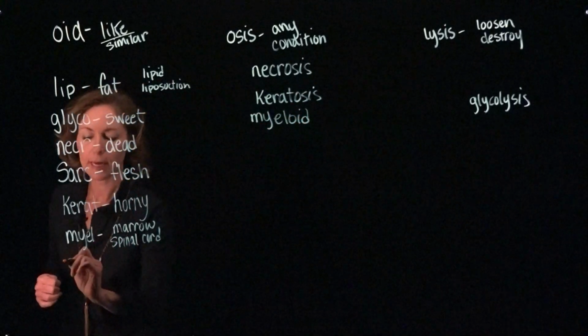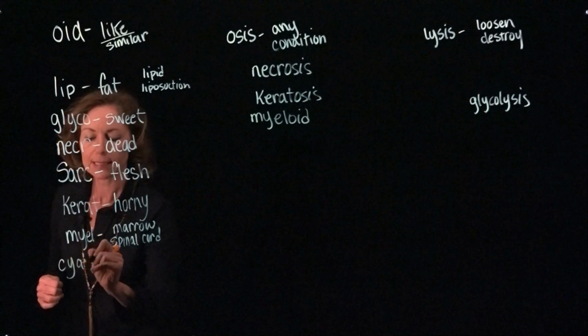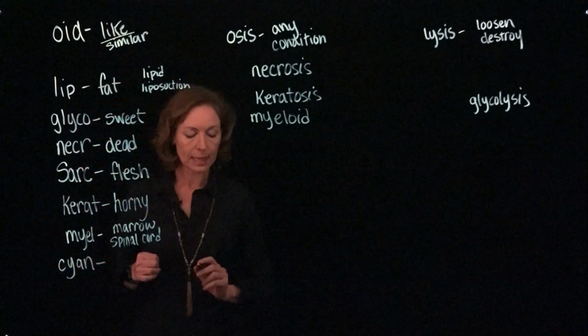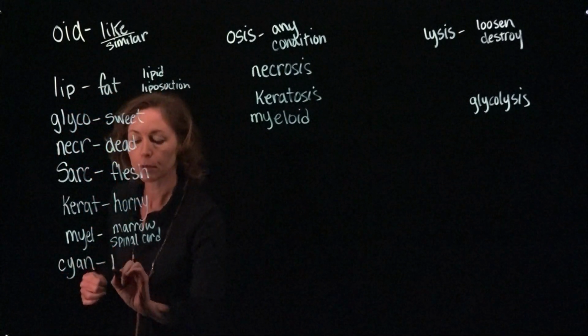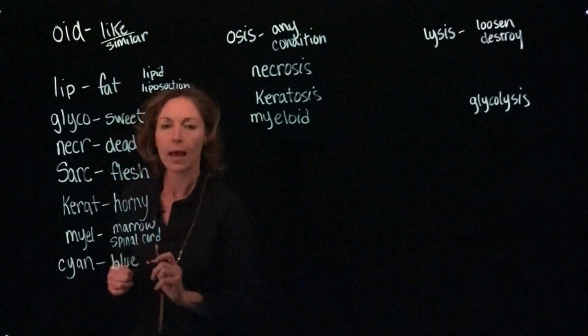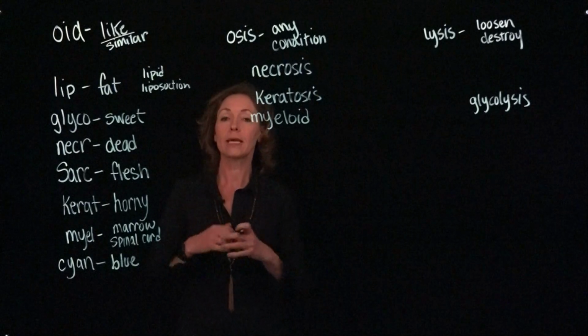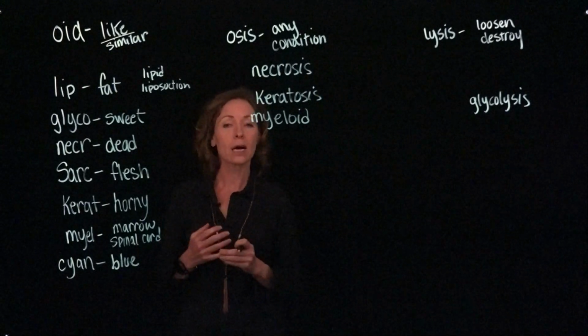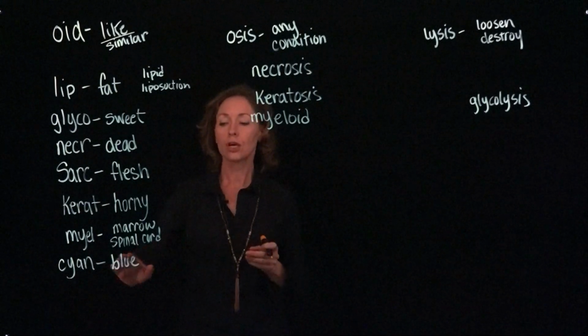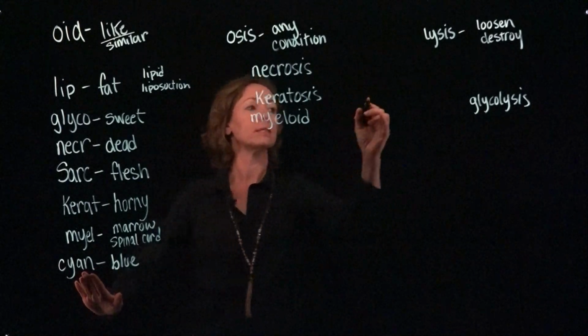Our next word today is cyan. Cyan just means blue. And how many of you, when you're doing vital signs and you learned in NA class to take the oxygen saturation, talked about cyanosis, right?